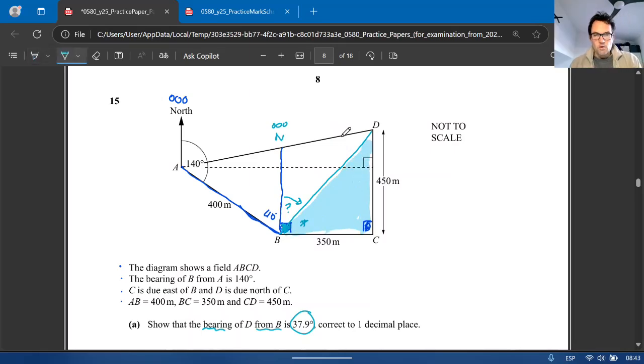So, what do we know about this triangle? Well, it's a right angle triangle, which means we'll be able to use either Pythagoras or SOHCAHTOA. Now, Pythagoras only deals with the sides, not with the angles.